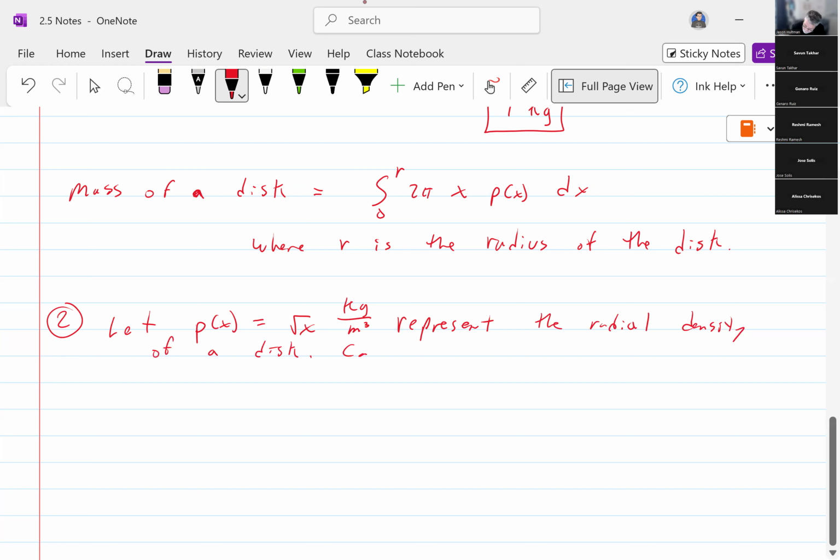Calculate the mass of the disk with radius 4 meters.